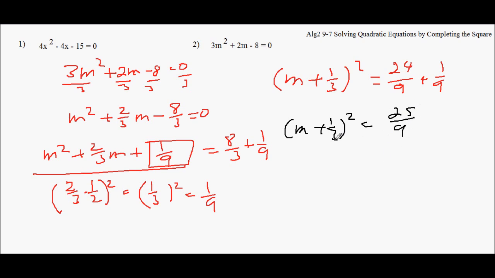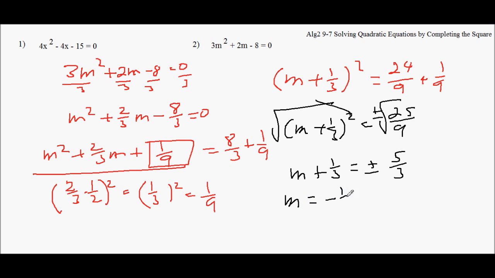Which is really nice, because when I square root this, plus and minus, I get m plus 1/3, this cancels, equals plus or minus the square root of 25 over 9, which is 5 over 3. So I get m equals minus 1/3 plus or minus 5/3.